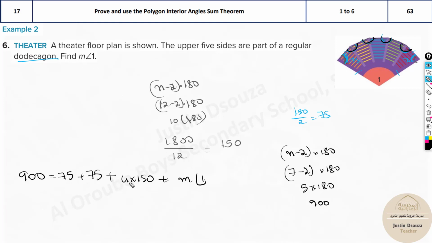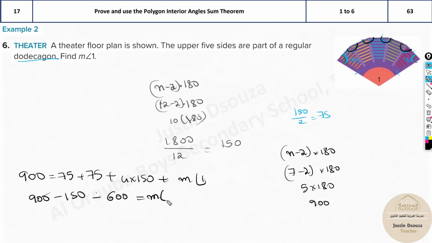Now solve it. Take this all to the other side. This is 150. It will be 900 minus 150 minus 300. 150 times 4 is 300, equals measure of angle 1. Now here we will solve for the measure of 1. Let's take all this to the other side. 75 plus 75 is 150, minus 150, minus 150 times 2 is 300, times 2 is 600.